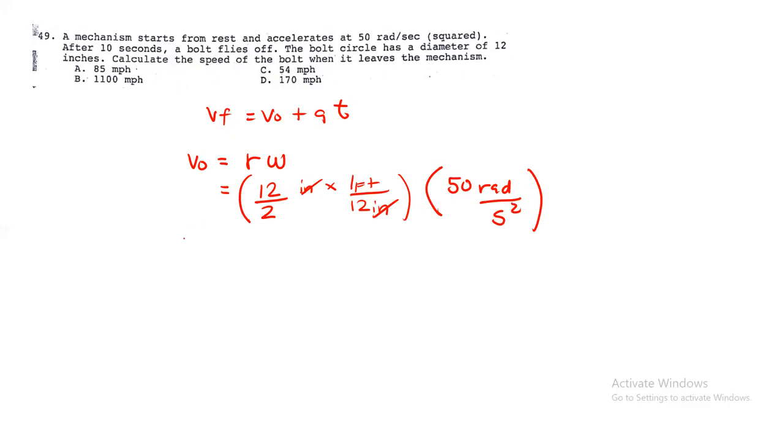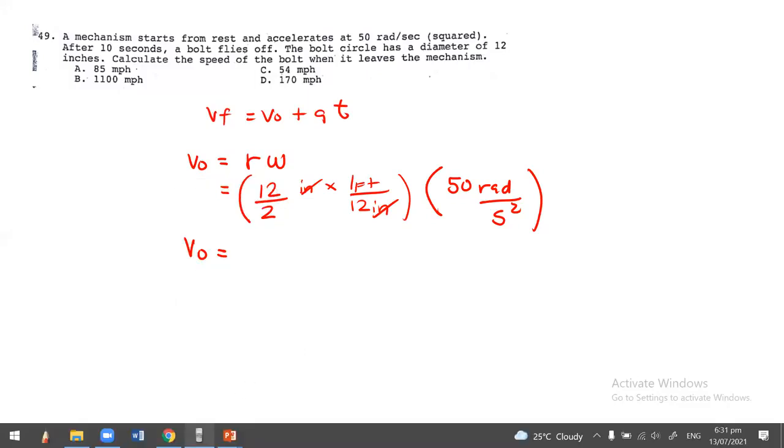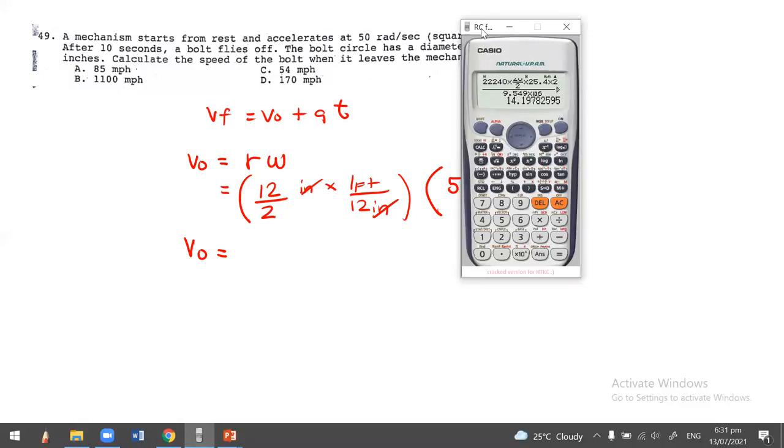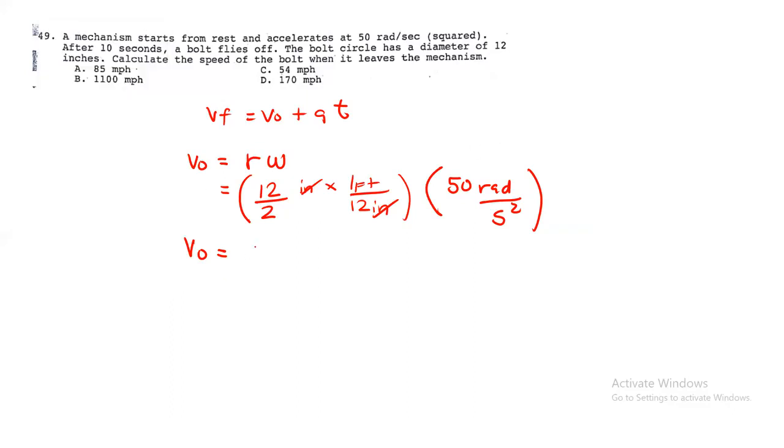So ilan tong Vo natin? So 12 divided by 2 times 1 over 12 times 50. So 25 feet per second squared. So substitute natin dito.